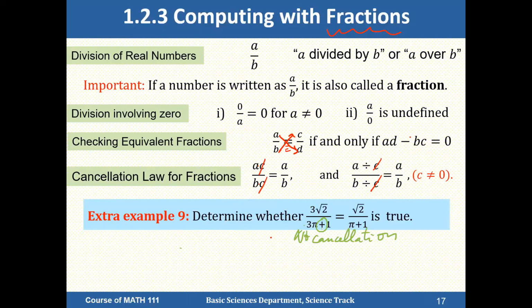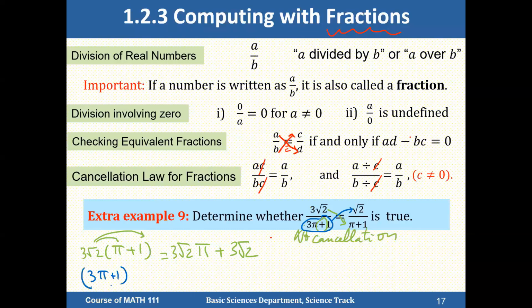Because simplification is not allowed. To check, if we cross-multiply this by this, what does it give me? 3 square root of 2 times (pi plus 1). So we must distribute. And the other one: (3 pi plus 1) times square root of 2. We put the brackets; all of this we multiply by square root of 2. We multiply all this quantity by square root of 2. So here also we distribute, getting 3 pi square root of 2 plus square root of 2. So this and this are the same.